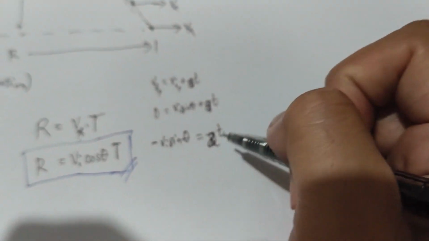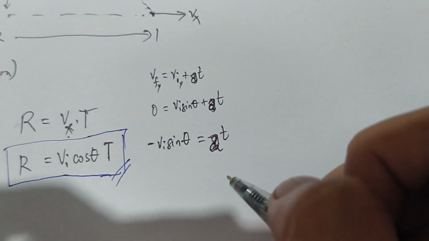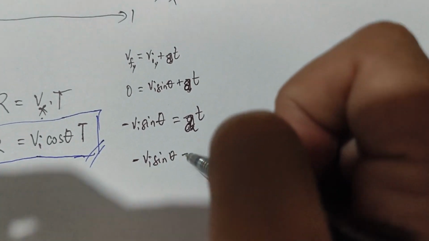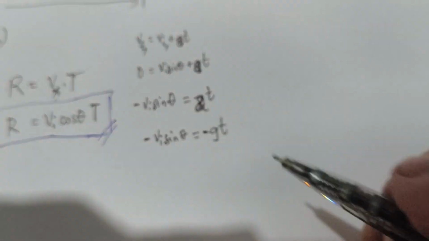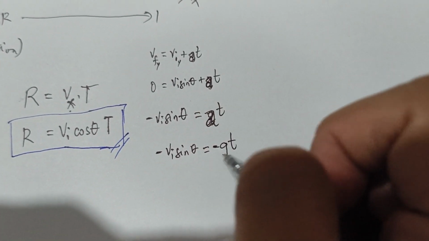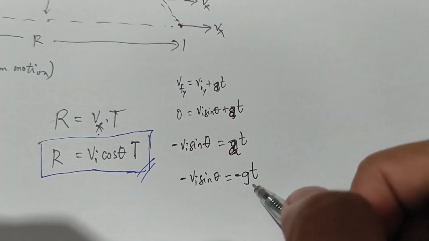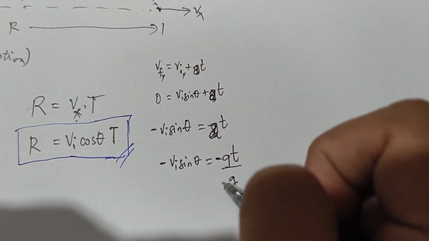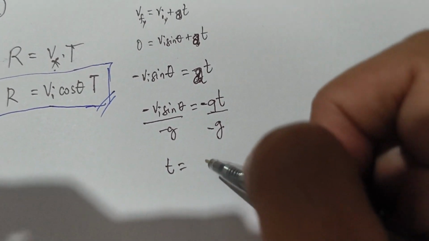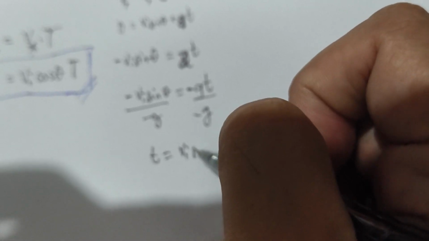But since for uniformly accelerated motion, our acceleration is equal to negative g. So negative Vi sine theta will be equal to negative g times t. So magka-cancel out na yung negative sign, such that if we solve for time, negative g over negative g, then t is equal to positive Vi sine theta over g.